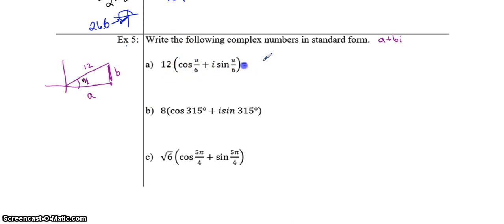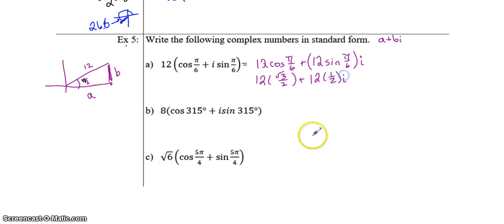So really, it would just be multiplying 12 cosine of pi over 6 plus 12 times the sine of pi over 6, that's the b, times i. So cosine of pi over 6. If it's an exact value, we need the exact value. If it isn't, then don't bother. So 6 square roots of 3 plus 6i.